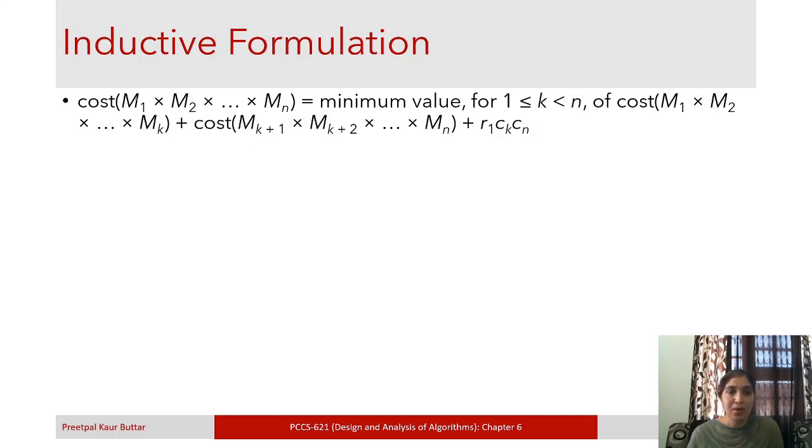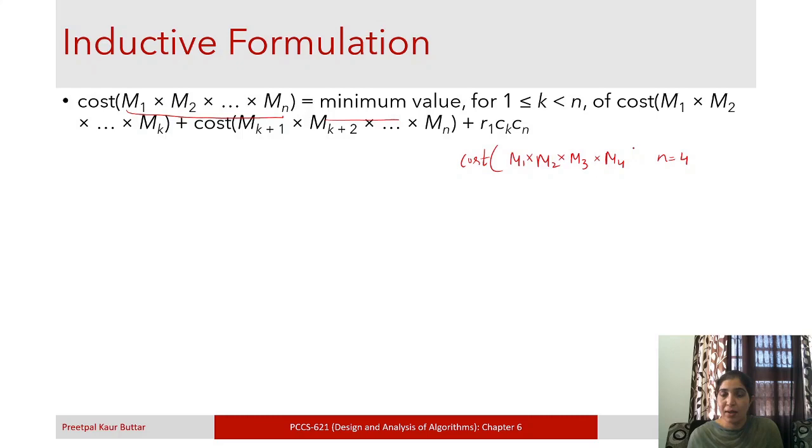If you talk about the cost of the entire matrix chain multiplication starting from m1 till mn, then it will be the minimum. Again, let us take this example to understand. M1, M2, M3 and M4 are your 4 matrices. So n is 4.